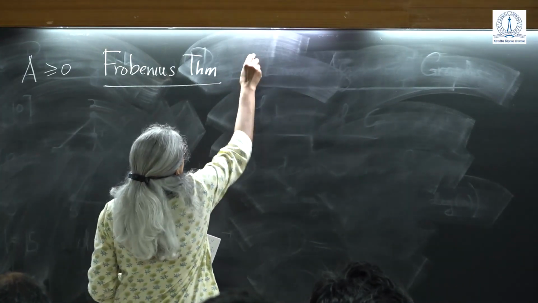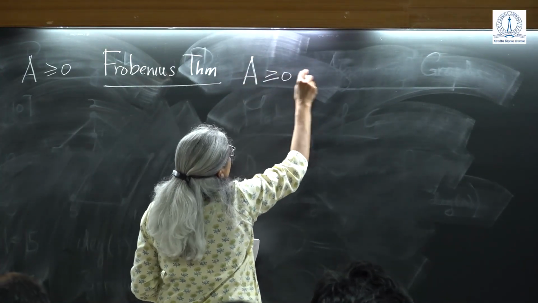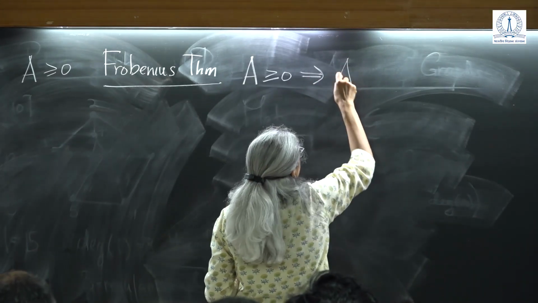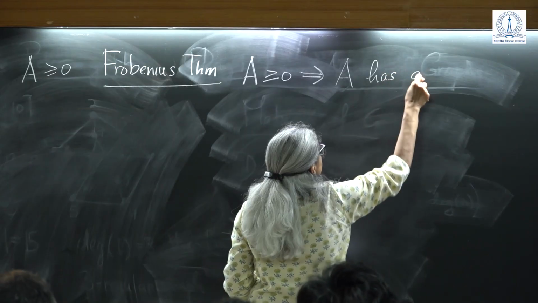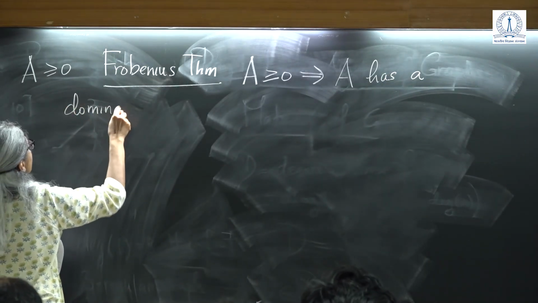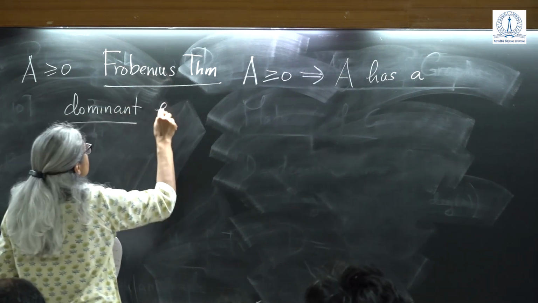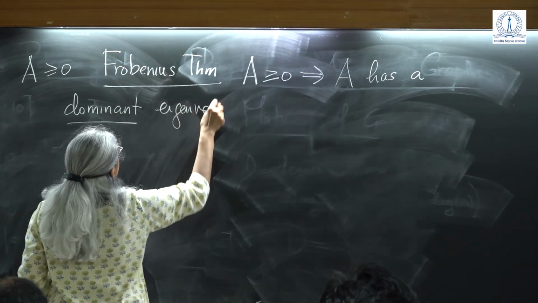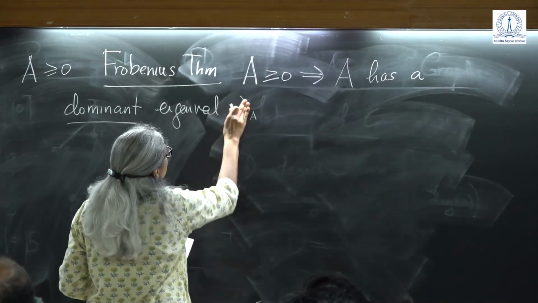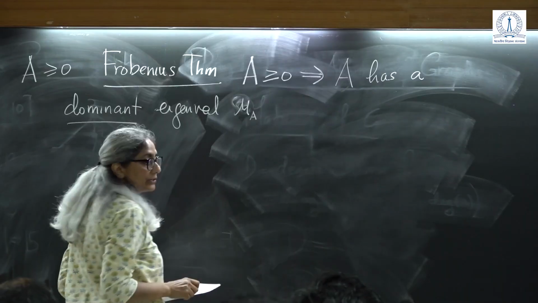So this tells you that if A is non-negative, then A has a dominant eigenvalue. It has a very important eigenvalue that we'll call dominant. Let's call it mu A, since all the eigenvalues are mu's.